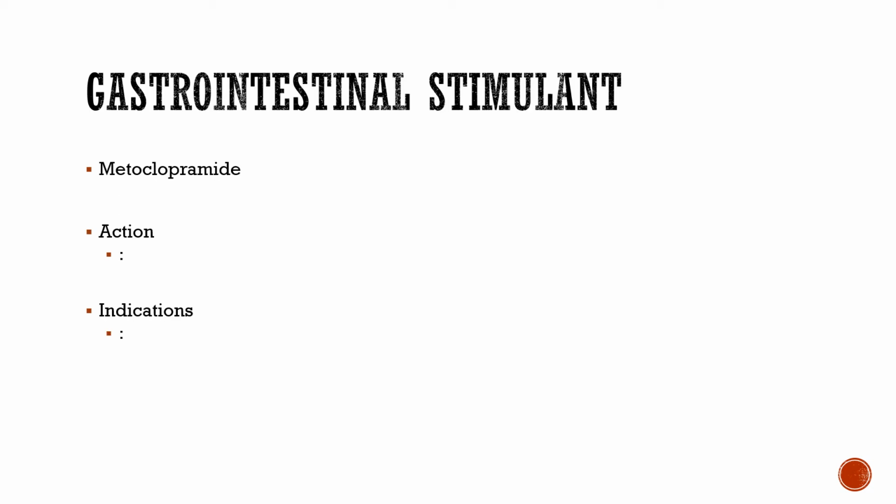All right, stimulants. Metoclopramide stimulates the upper GI tract motility to increase GI activity and movement of the contents, movement of the food through the stomach. It works also by blocking dopamine receptors in the CTZ, which we'll talk about in a minute, and that helps with nausea and vomiting.